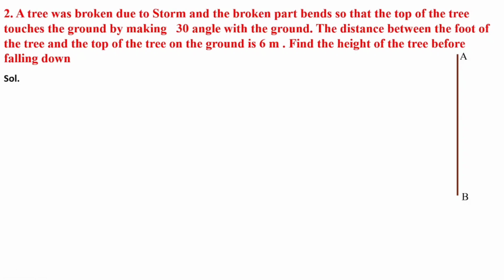Let us consider the storm hit the tree at point C. Now the upper part of the tree AC has broken, and the top portion of the tree bent so that it touches the ground, meaning A from the top has come to the ground. This is the broken part of the tree. After breaking, the top portion of the tree touches the ground making an angle of 30 degrees, and the distance between the foot of the tree and the top portion of the tree is given as 6 meters.